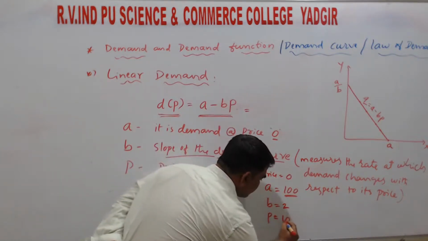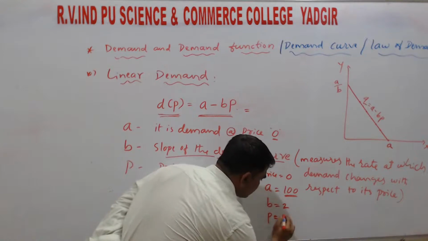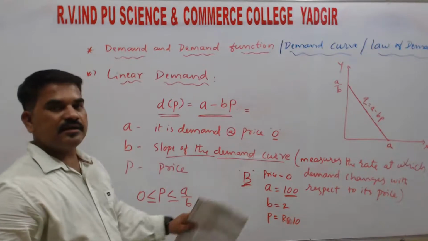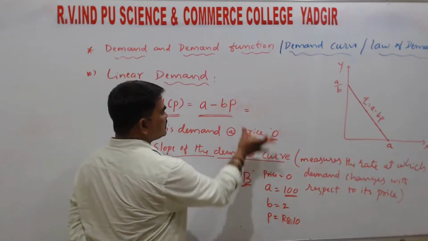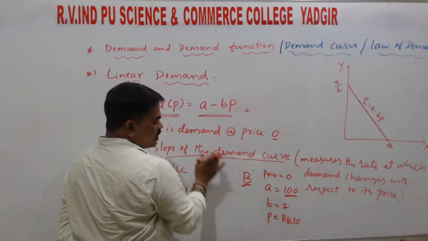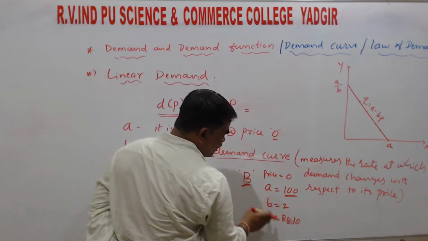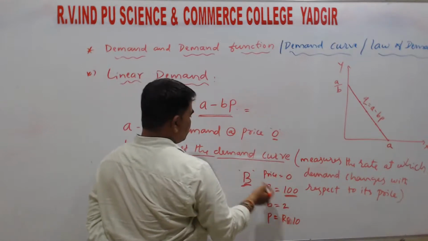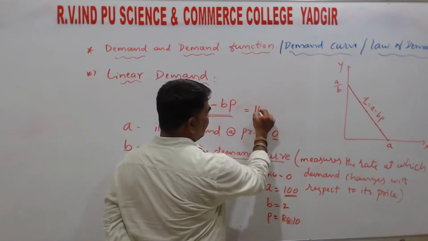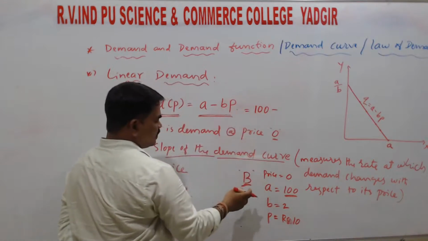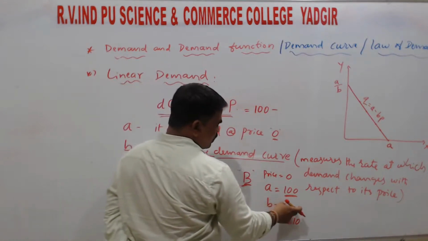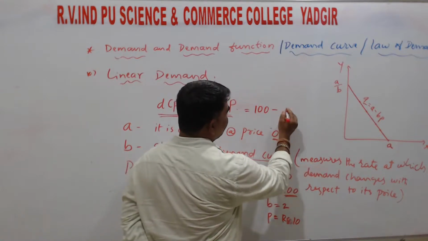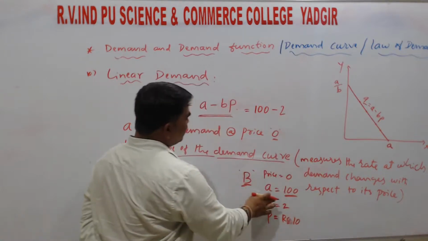Now, at price 0 the demand is 100, but if the price of the banana is 10 rupees, what is the demand? Now we will put all this data here. A is the demand at price 0, that is 100, and B is the slope of the demand curve, the rate at which the demand changes, which we have taken as 2.